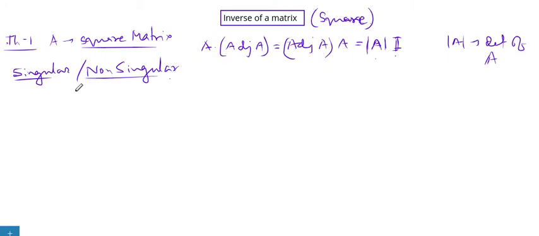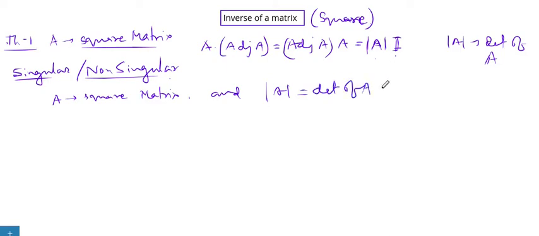Singular means if A is a square matrix and the determinant value of A is equal to 0, then A matrix is called a singular matrix.